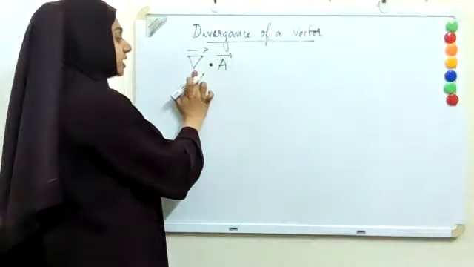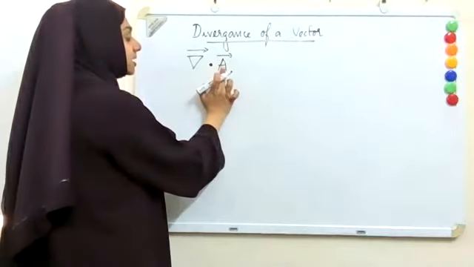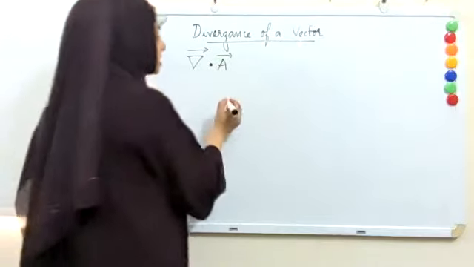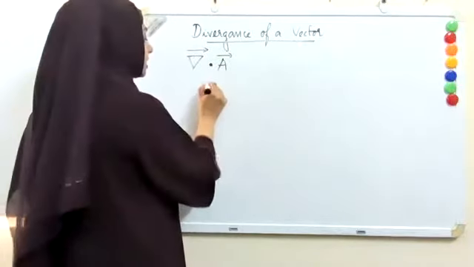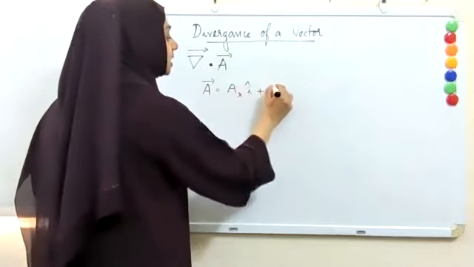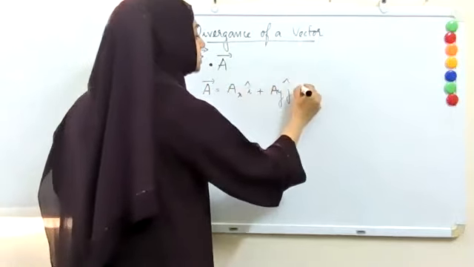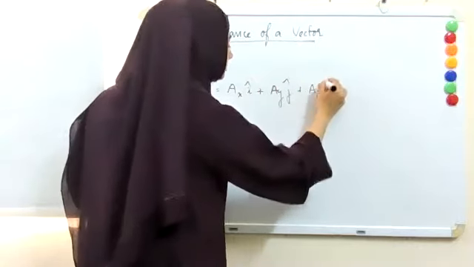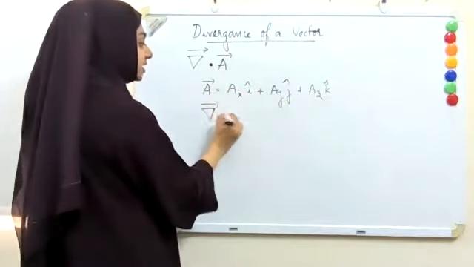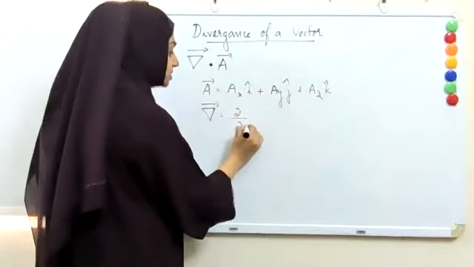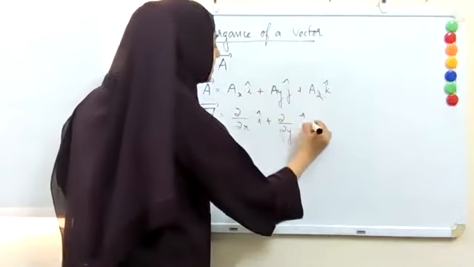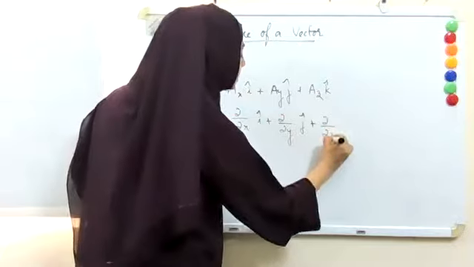Now, suppose this vector operator is taking a dot product with another vector A, equal to Ax i plus Ay j plus Az k. And del is equal to dou by dou x i plus dou by dou y j plus dou by dou z k.